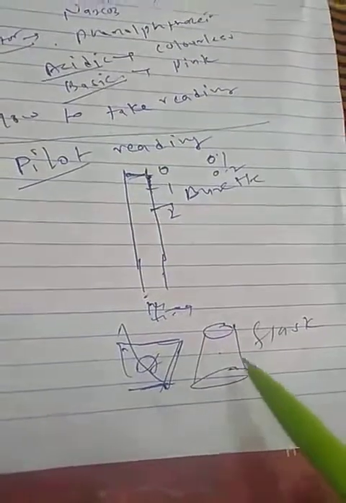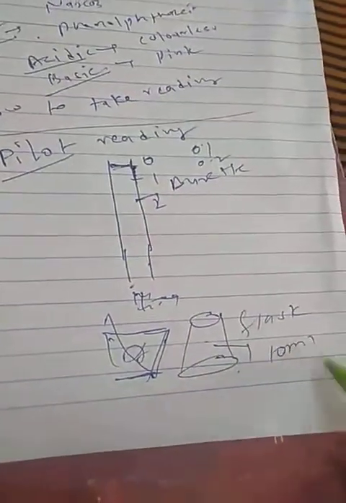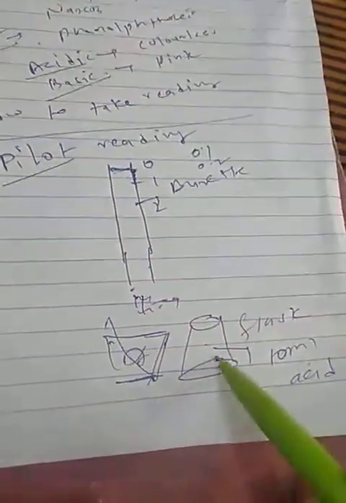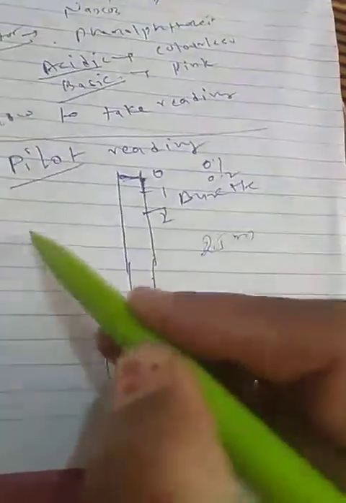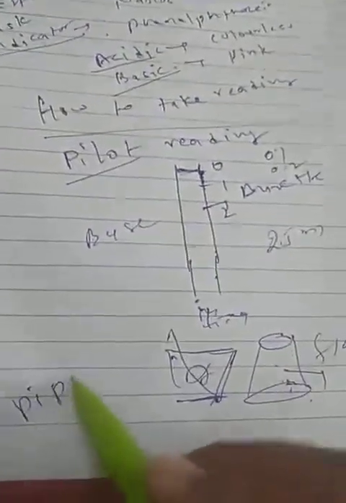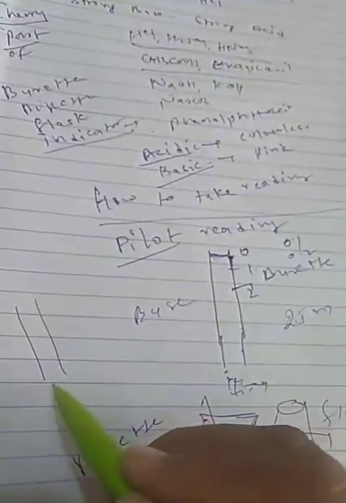Here was the flask, and in it you were doing the titration. You have taken 10 ml of acid in the flask, and the 25 ml burette was filled with base. Here, with the help of the pipette, see, the pipette was like that. It is narrow. I told you, like cold drinks with a straw we are taking.